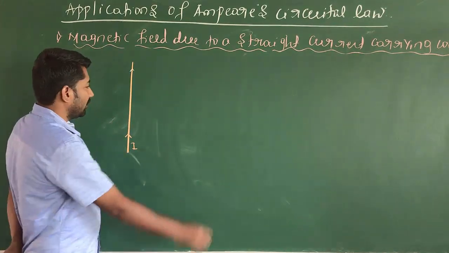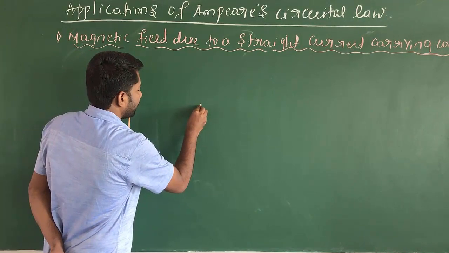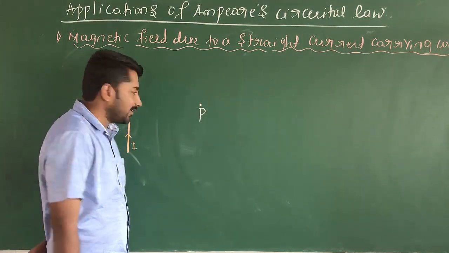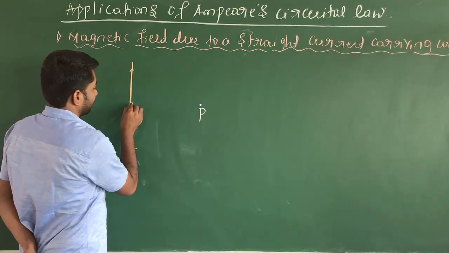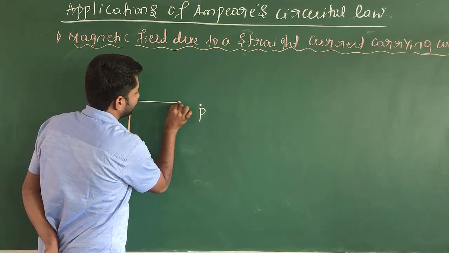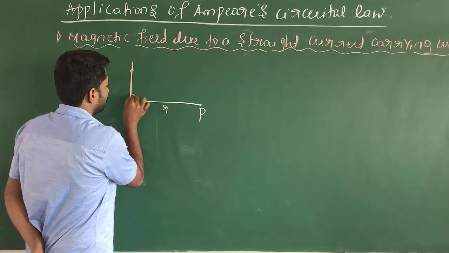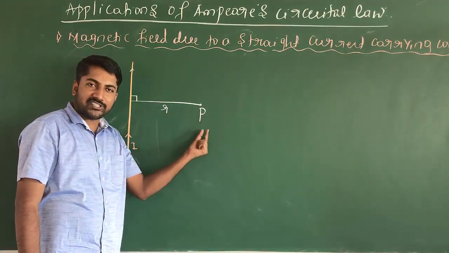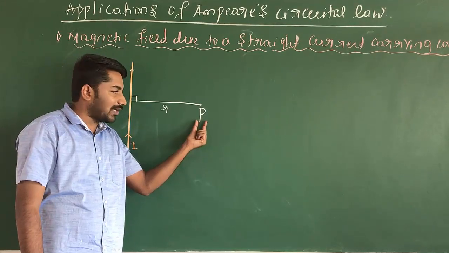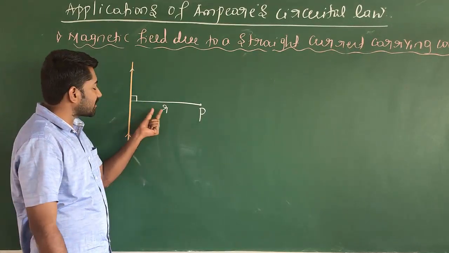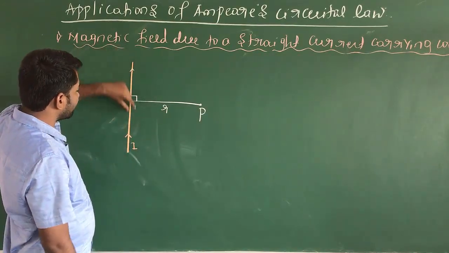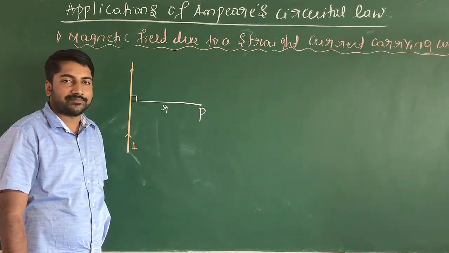Here, P is the point at which the magnetic field is to be calculated, at a perpendicular distance r from this current carrying wire.